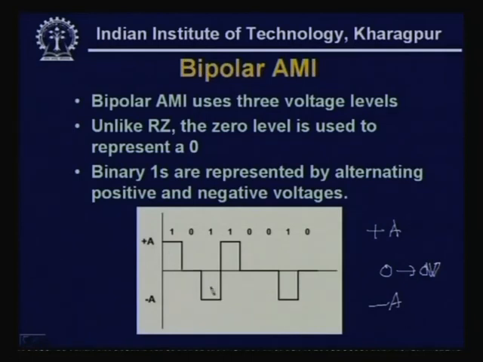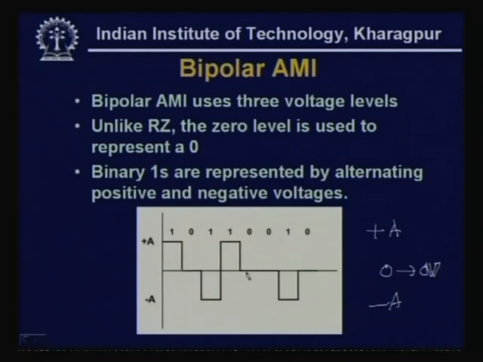it alternately changes. For example, for this it is plus A, the next one will have minus A, the next one will have plus A, the next one will have minus A. That is why it is called alternating: binary ones have alternating positive and negative voltages. This alternation can be sensed to identify ones.